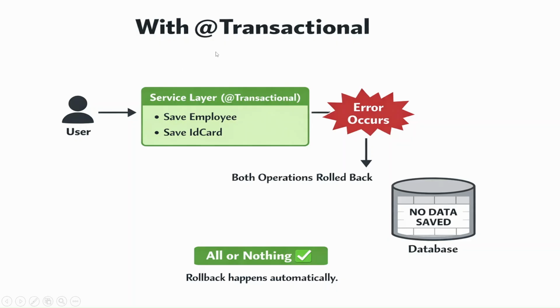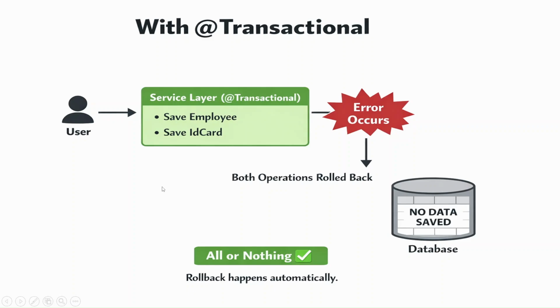So what does transactional basically help us achieve? Everything should be successful or nothing should be successful. Meaning both employee and ID card should get saved successfully or nothing should get saved. So with the transaction, either both entities will get persisted in our system or nothing will, and that helps us achieve consistency.